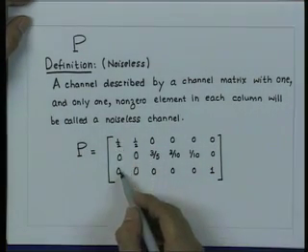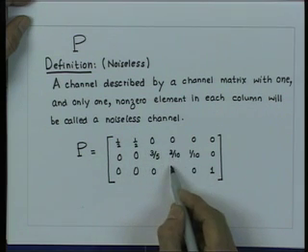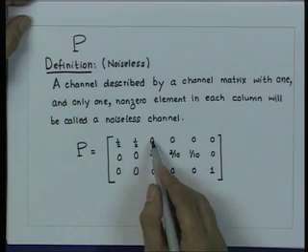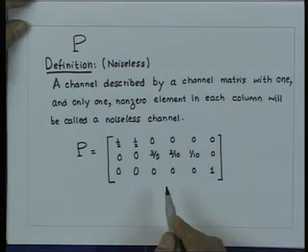So, each column of this matrix has one and only one non-zero element.